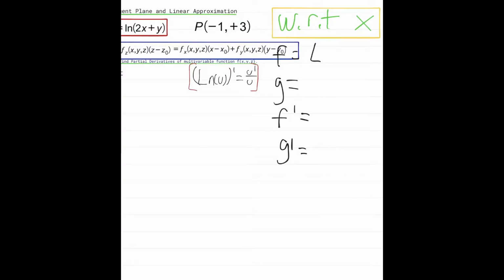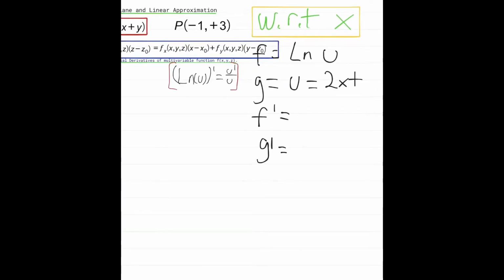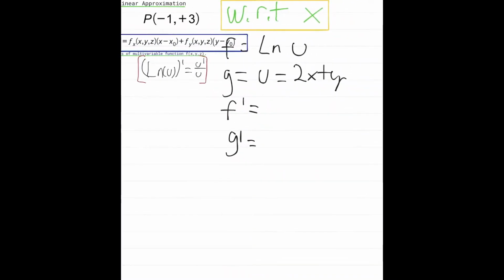So our f is the natural log of u. Our g is u, which is the inside function, which would be 2x plus y. Right now we're focusing on just finding the partial x and partial y.